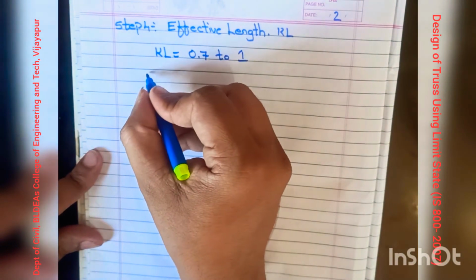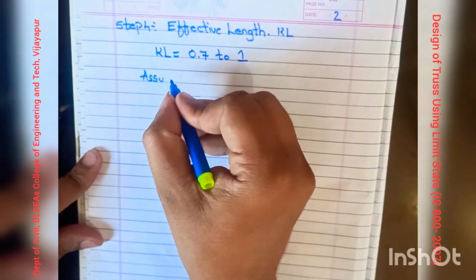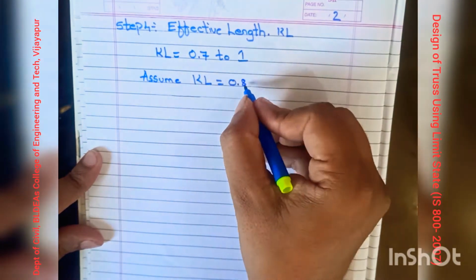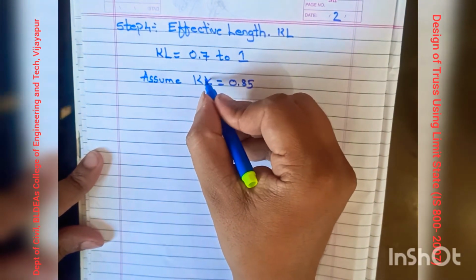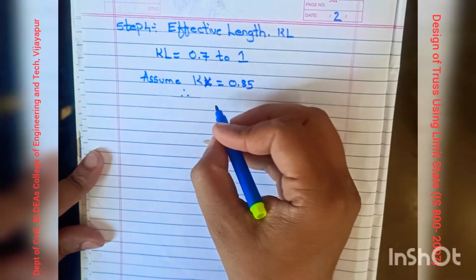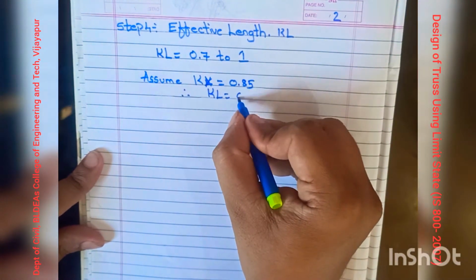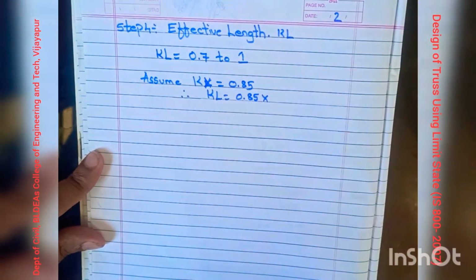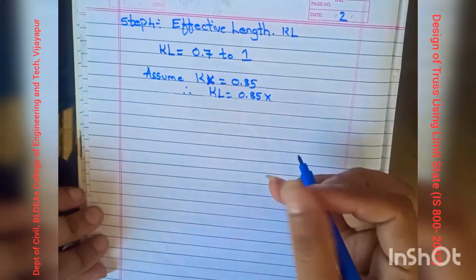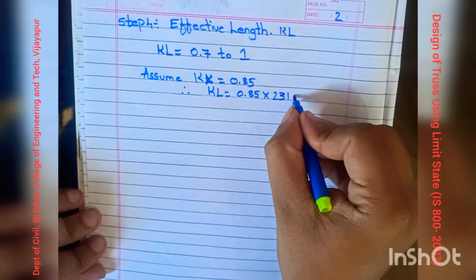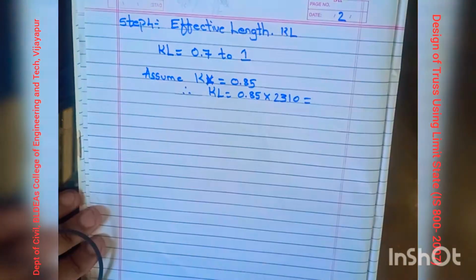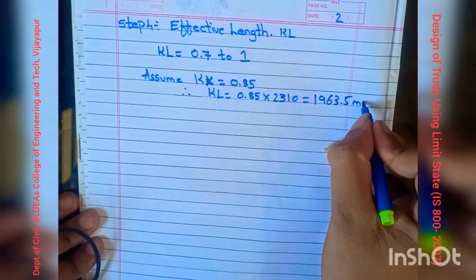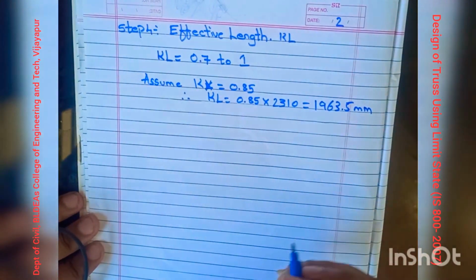So let us assume K value to be 0.85. Therefore KL will be 0.85 into the length of the member, that is 2310, which equals 1963.5 mm. So this is the effective length we have.